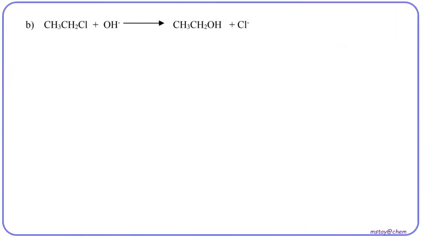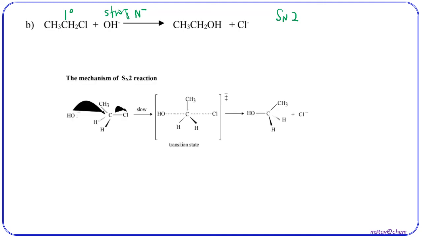Question B. CH3CH2Cl is a primary haloalkane. OH negative is a strong nucleophile. So when we have a primary haloalkane with a strong nucleophile, we prefer Sn2. Sn2 is a one-step mechanism, and the initial part of the mechanism always involves 2 molecules, which is the OH negative.